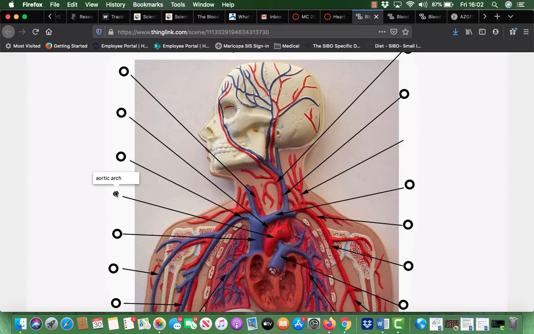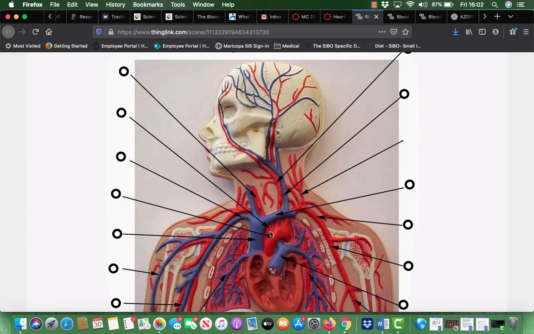From the aortic arch, you have three major branches that come off, and I call them B, C, S. If you can see them down here, B, C, S. B is going to go off to the right side of the upper body here, and C and S are going to branch into the left portions of the upper body.